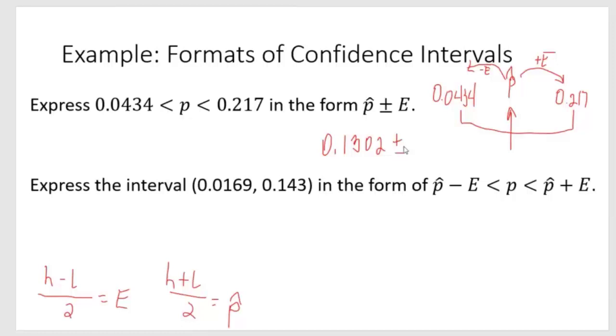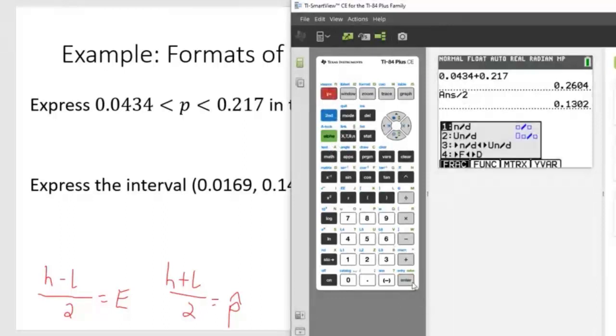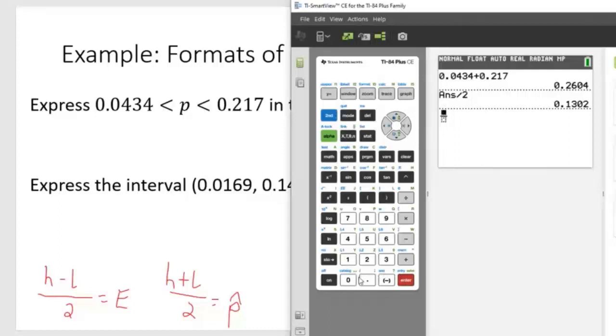Now, plus or minus E. To calculate E, I want to know the distance between those 2 numbers and then divide it in half. This time I could have put it like a fraction. It doesn't matter how you do that, but I want to take that upper number. I think I did the lower number plus the upper earlier, but when you're adding it doesn't matter. When you're subtracting it does. So I need to take the higher number minus that lower bound and then divide it by 2.